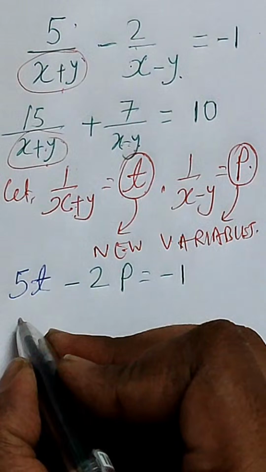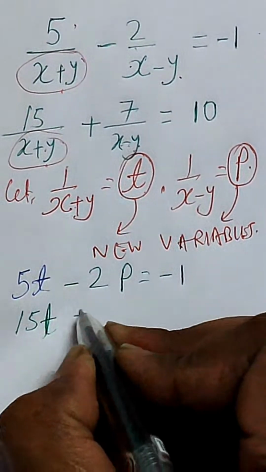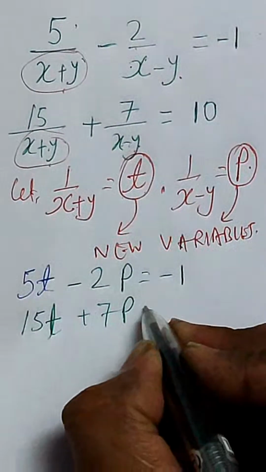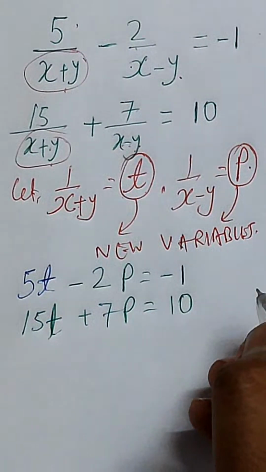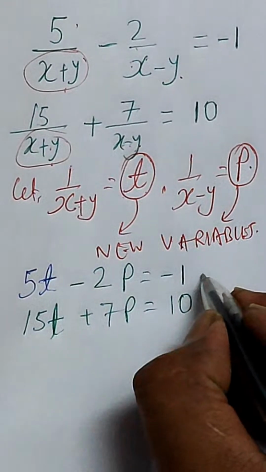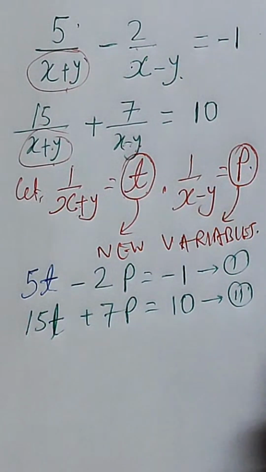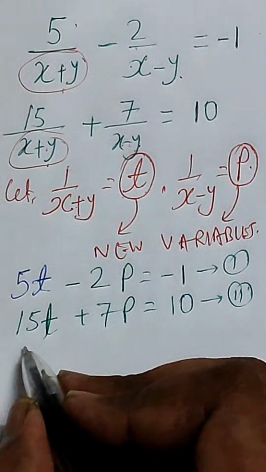And the second equation will be looking like 15 times t plus 7 times p is equal to 10, right? This is equation number 1 and this is equation number 2, right? Now just solve it.